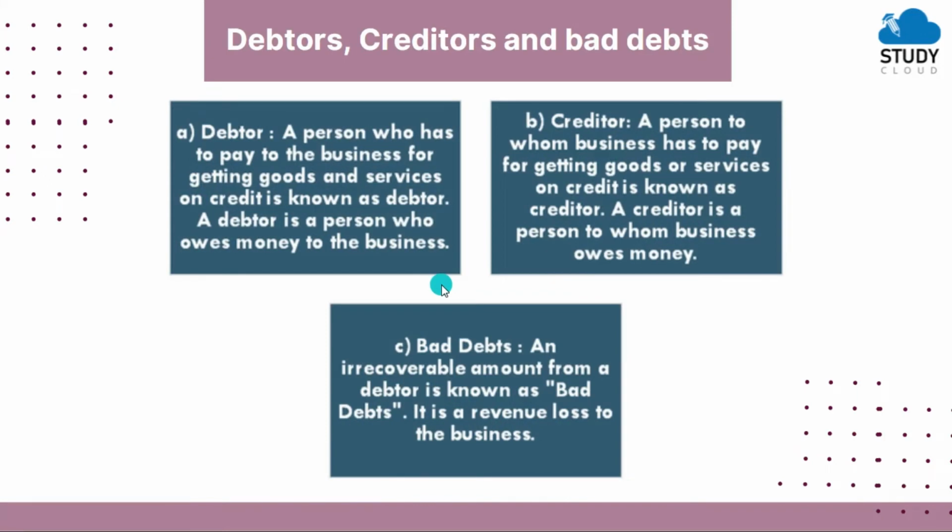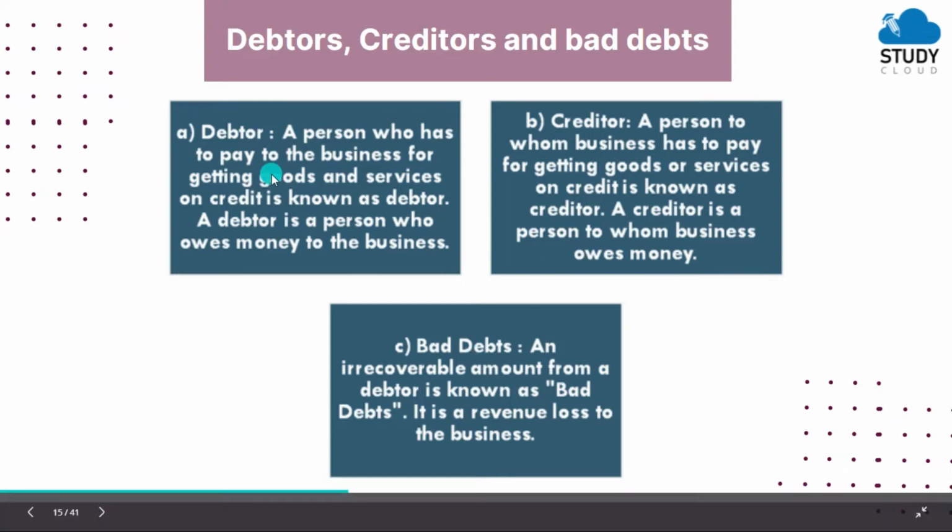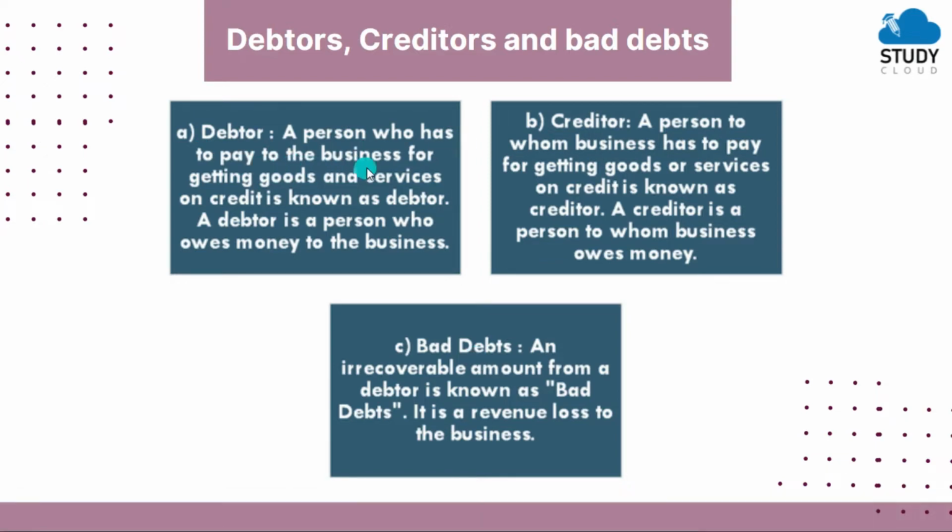Then next is debtors, creditors, bad debts. Very important. First is debtor. A person who has to pay to the business for getting goods or services on credit is known as a debtor. A debtor is a person who owes money to the business.